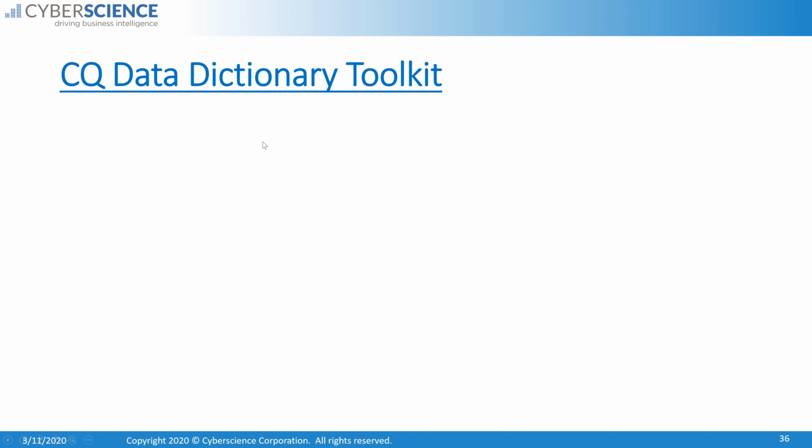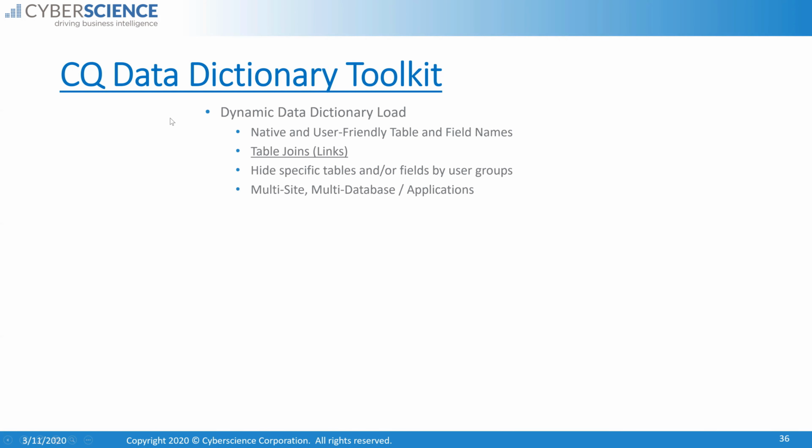This toolkit goes out there and looks at all of your custom tables and custom fields within Baan or LN, and it builds the dictionary dynamically. So it picks up everything you've got in Baan and LN, and it picks up both the native as well as the user-friendly table and field names. And I'll show you what that means here in about 2 minutes.